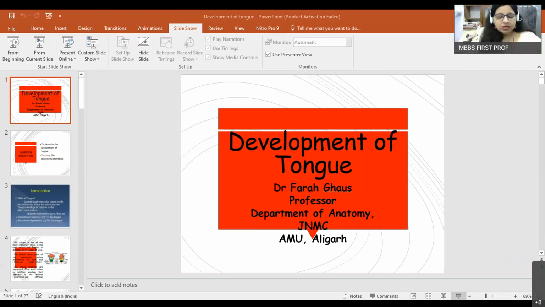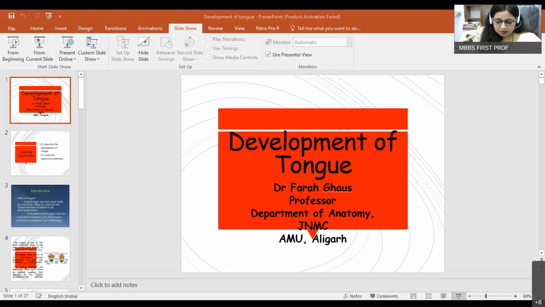Okay. Now, the tongue develops in relation to the pharyngeal arches. Pharyngeal arches have already been taught to you. How many pharyngeal arches are there total? Anyone? 5. 5 arches. Why not 6? Ma'am, because the fifth degenerates after formation. Okay, fine.